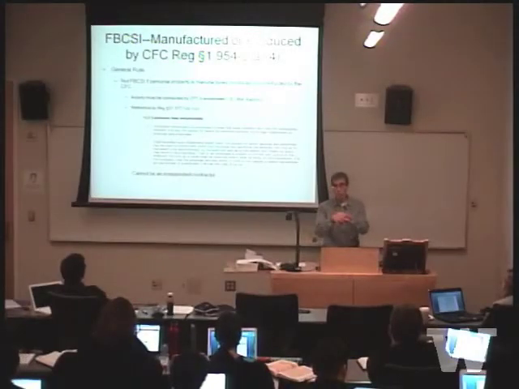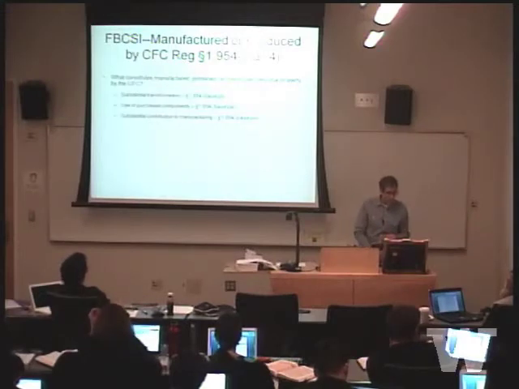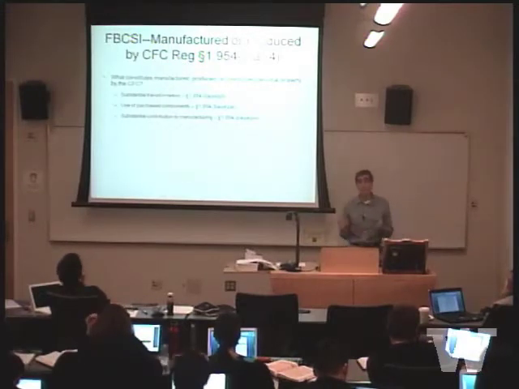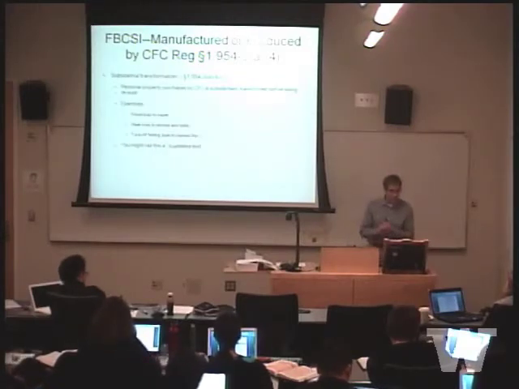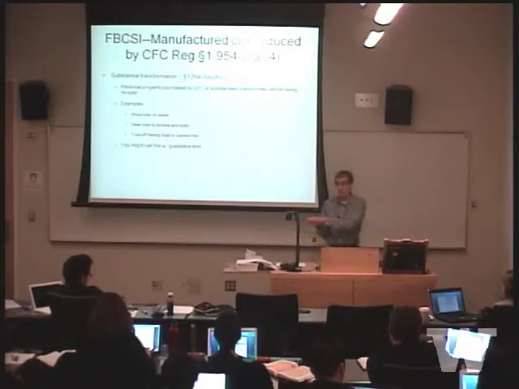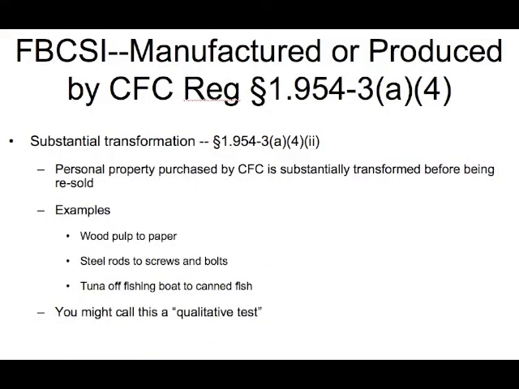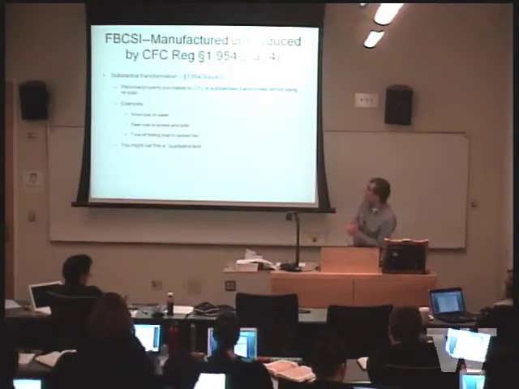And one of those rules is, do you have something that is a substantial transformation? Does it look like whatever the CFC bought has been transformed into something else? So, three obvious examples.